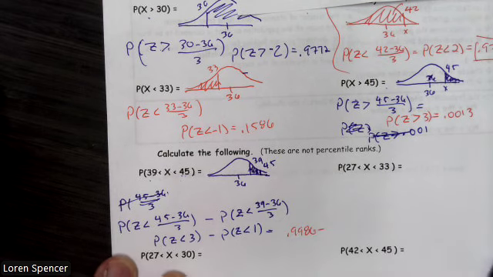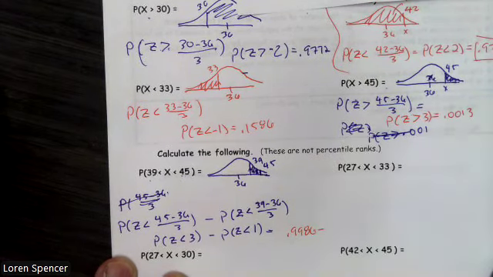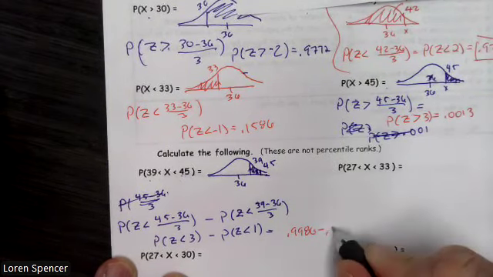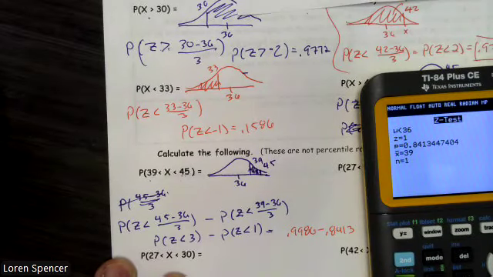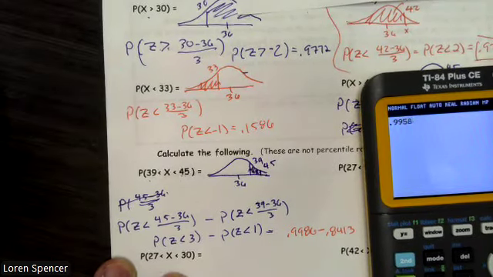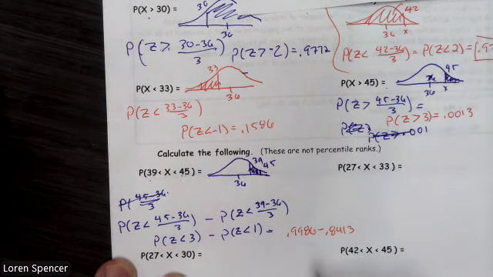And that equals the 0.9986 minus the 0.8413. And so now we need to subtract those. 0.9986 minus 0.8413 gives us 0.1573.